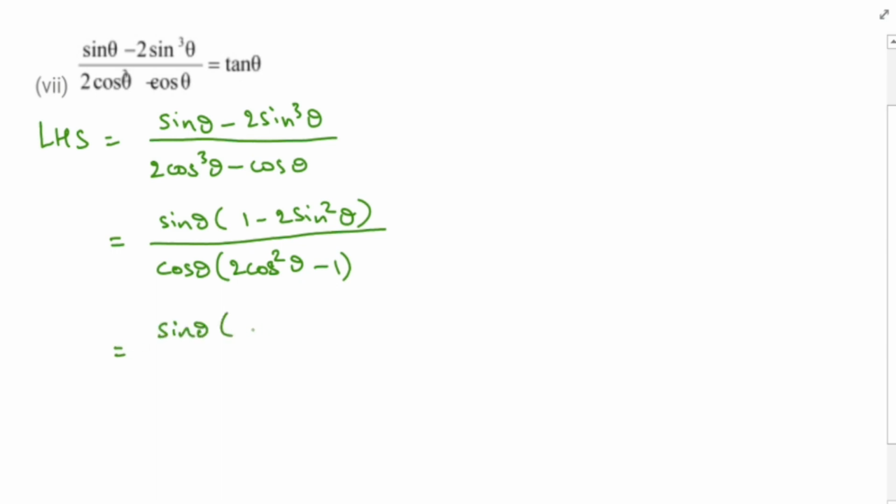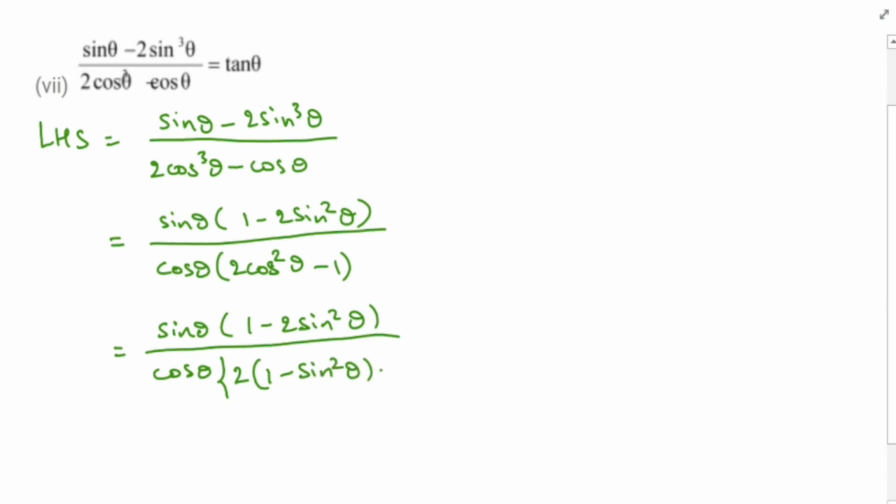Sin theta into (1 minus 2 sin square theta) as it is, divided by cos theta, 2 as it is, cos square theta can be written as 1 minus sin square theta, minus 1, by using the first identity, that is sin square theta plus cos square theta is equal to 1. Therefore cos square theta is 1 minus sin square theta.